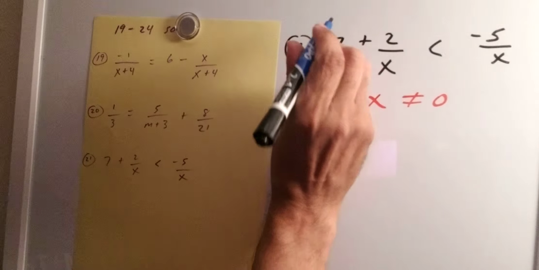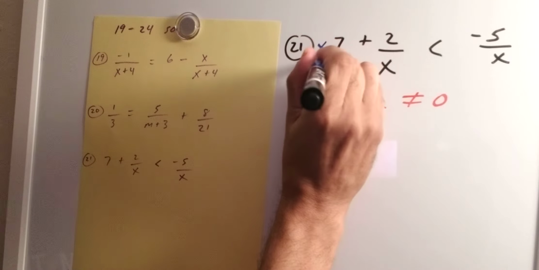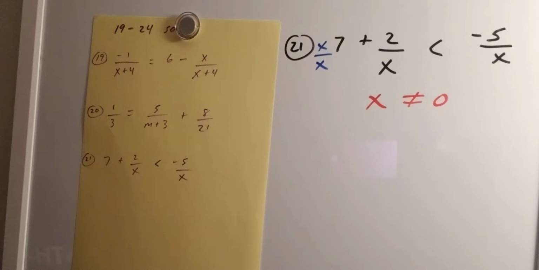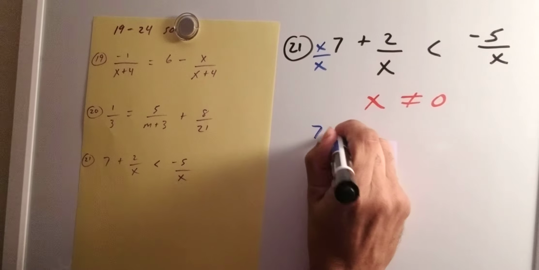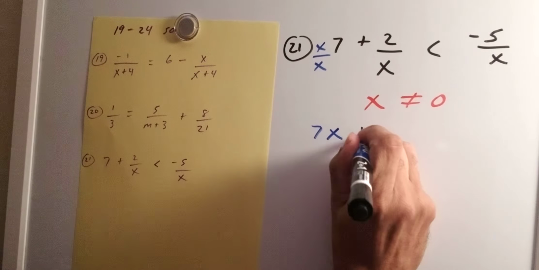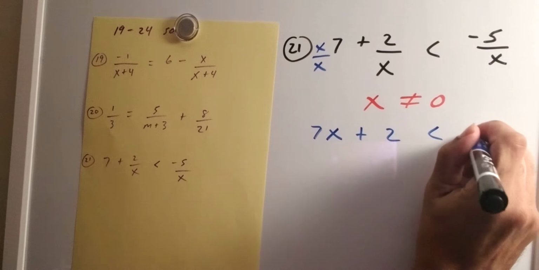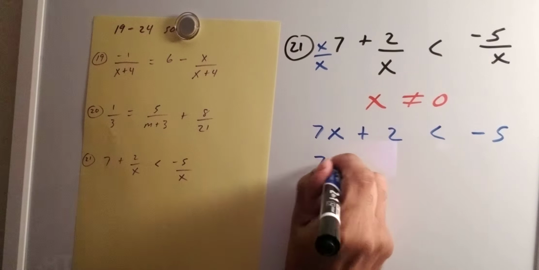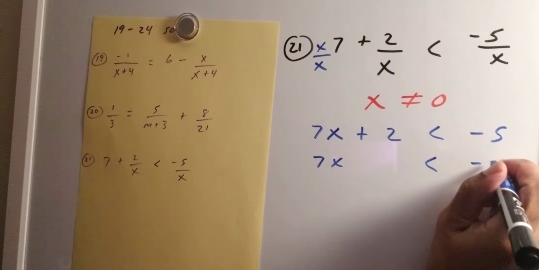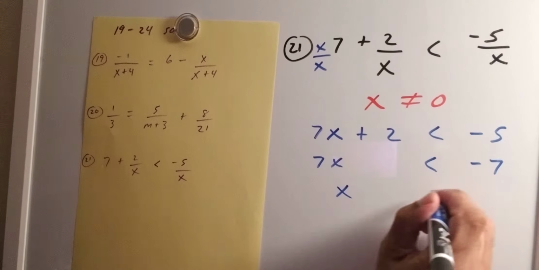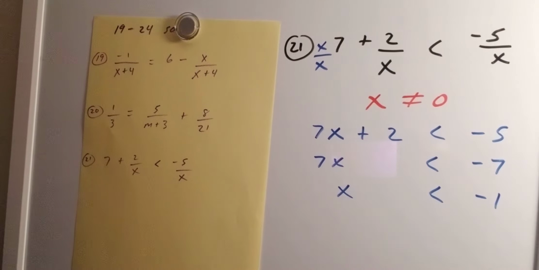Multiply the first term by x divided by x. Now we have common denominators. X gives us 7x plus 2 is less than negative 5. 7x is less than negative 7. X is less than negative 1.